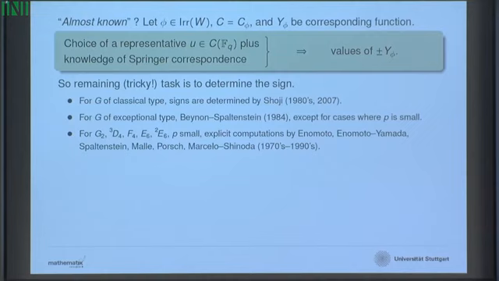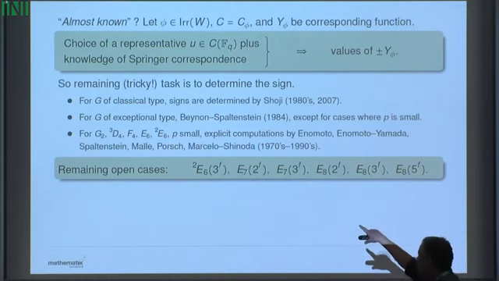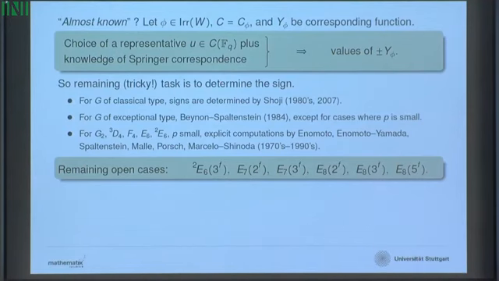So if you look at all these previous works, then what remains to be done? Classical groups are done, and there are a few cases in the exceptional groups. Namely, the open cases are twisted E6 in characteristic 3, E7 in characteristic 2 and 3, and E8 in 2, 3, 5. These were the open cases.